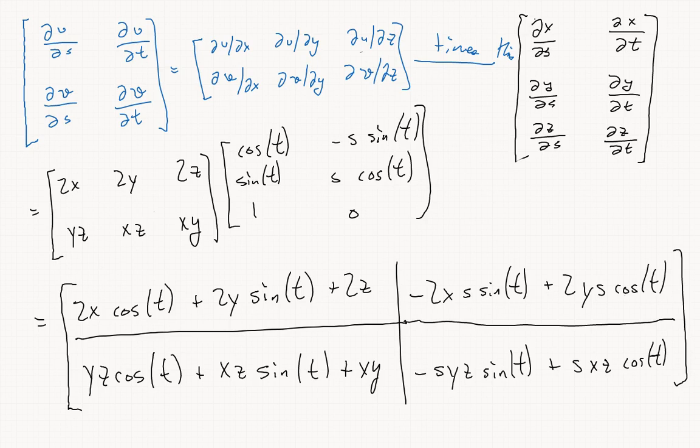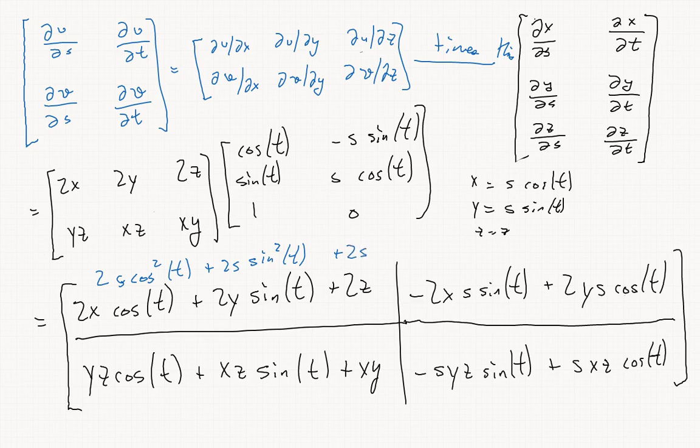But then since we can substitute in the values, x is s cos t, y is s sine t, and z is s, this will simplify to 2s cos squared t plus 2s sine squared t plus 2s.